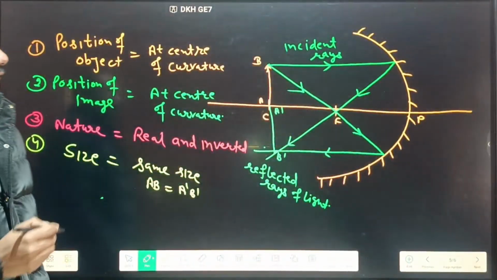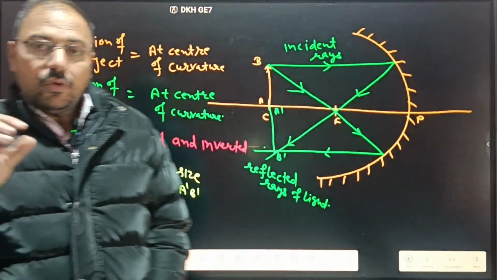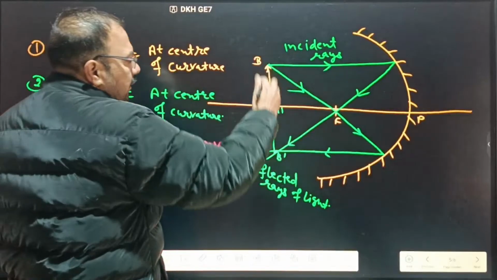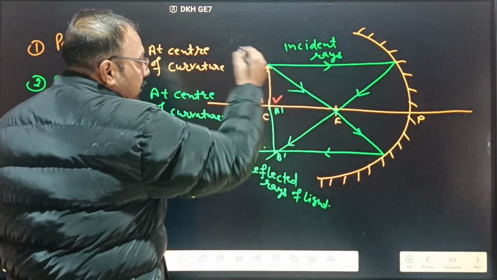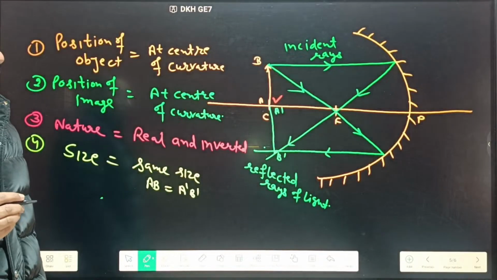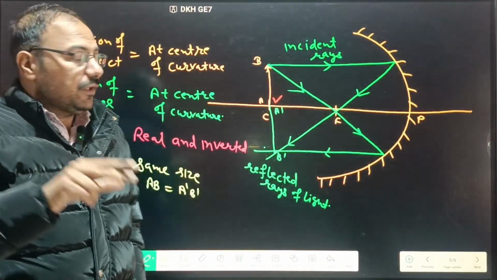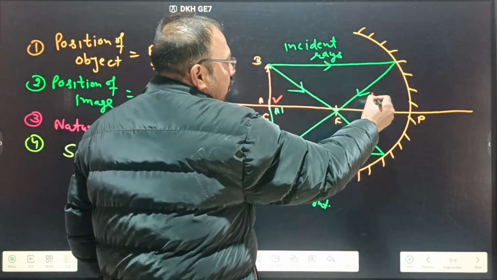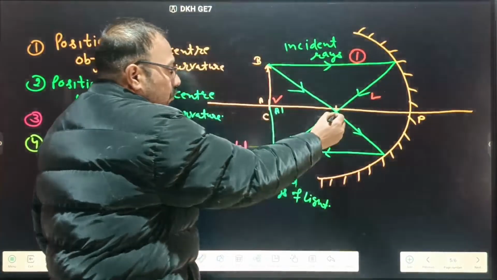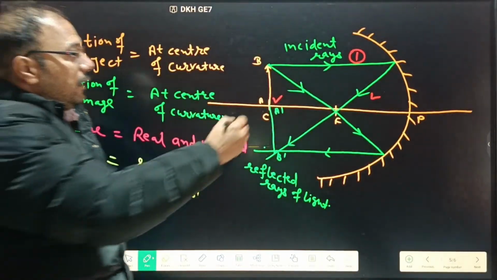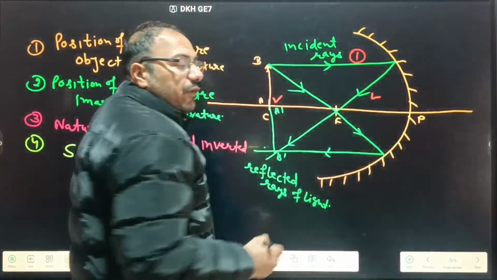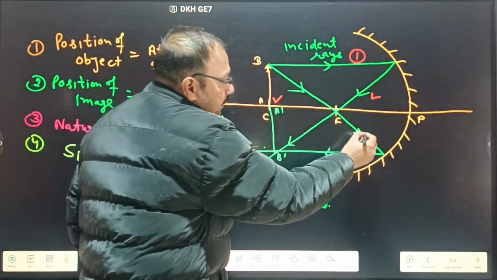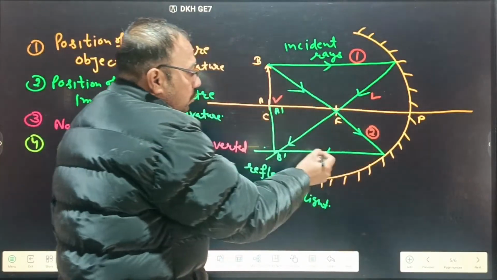In the next case, we move our object toward the center and finally put it at the center. We put the object AB at the center. We take two rays for simplicity. One ray is parallel to the principal axis and passes through the focus. The second ray, which passes through the focus, comes parallel to the principal axis after reflection.